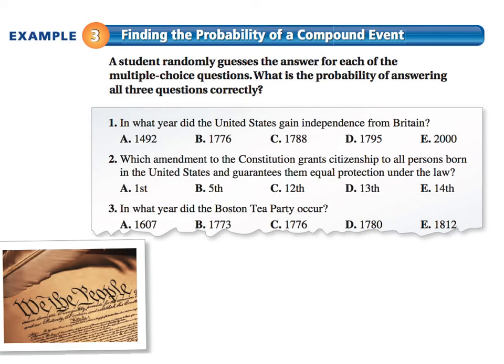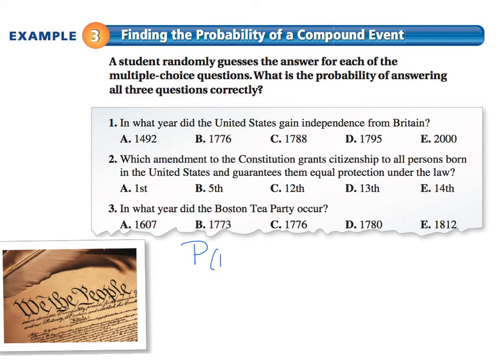Well, here are our 3 questions. 1, 2, and 3. What is the probability that you would answer each of them correctly? Well, first of all, it's an independent event because any answer that you choose for any one of the questions will not affect the outcome of any of the others. So this is an independent event.